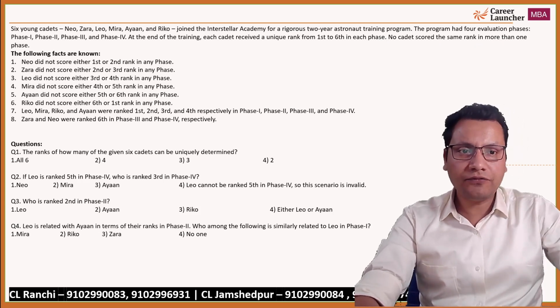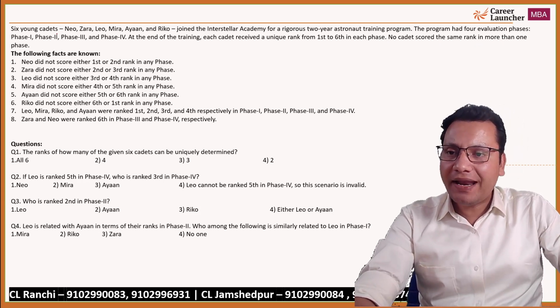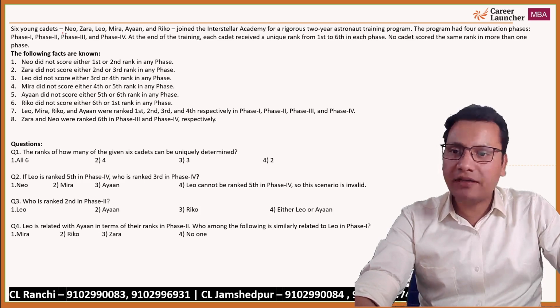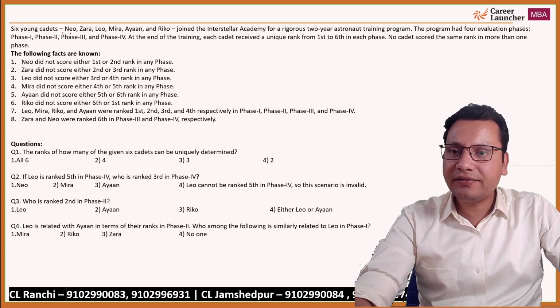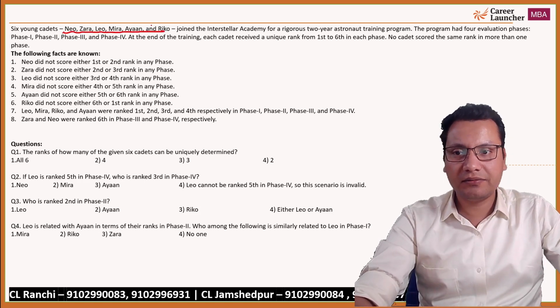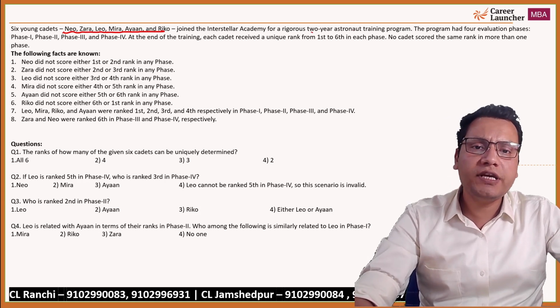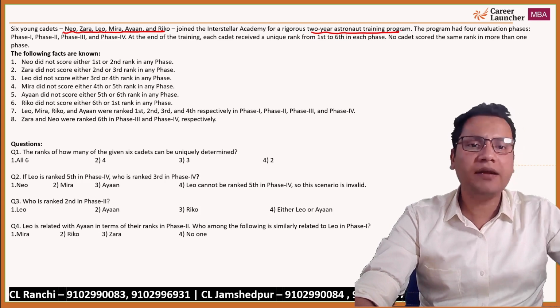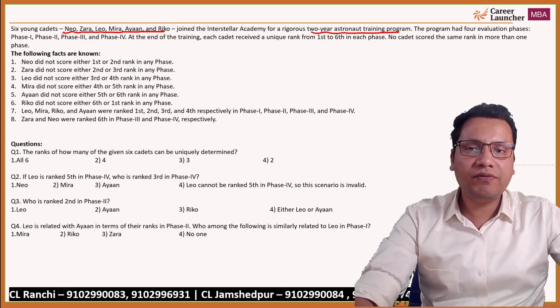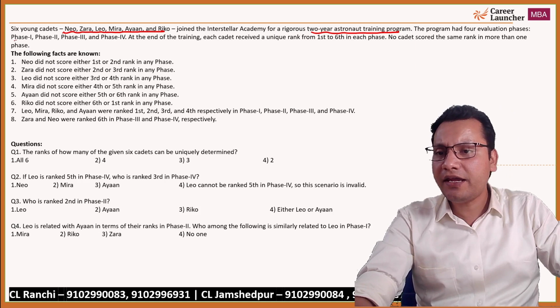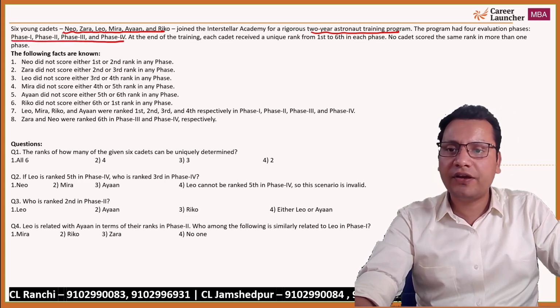As of now, if you see the paragraph, there are 6 young cadets who are going for a 2-year astronaut training program. And for the evaluation in this program, 4 phases have been kept: phase 1, phase 2, phase 3 and phase 4.